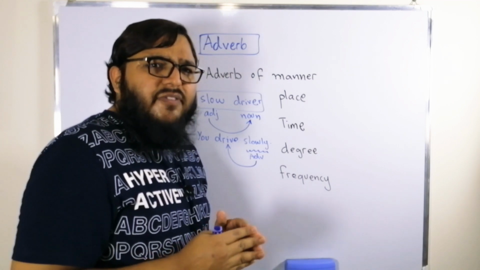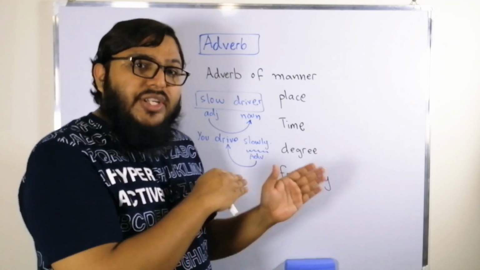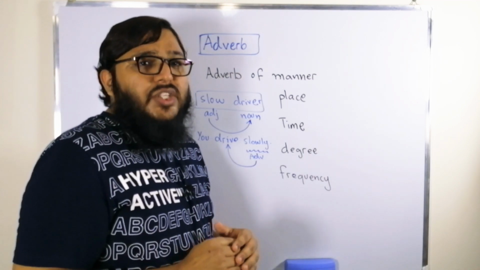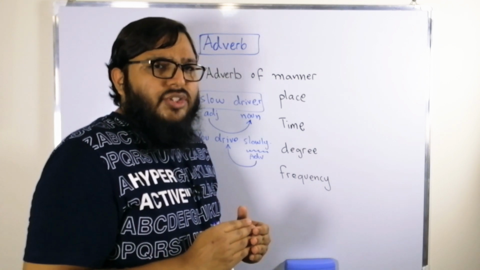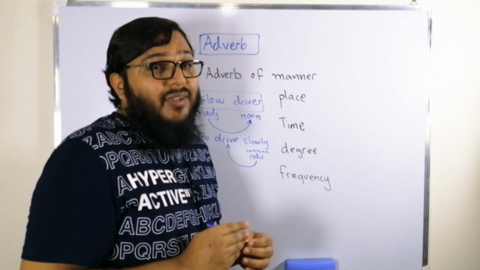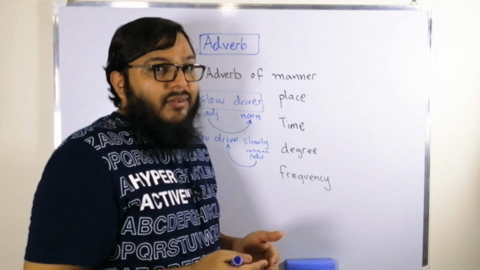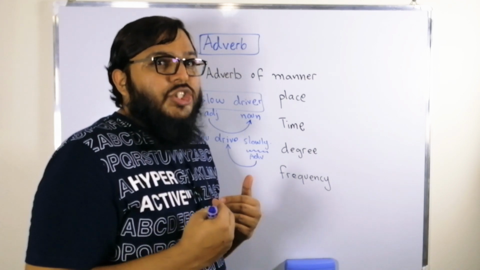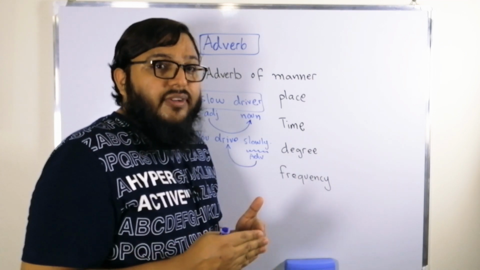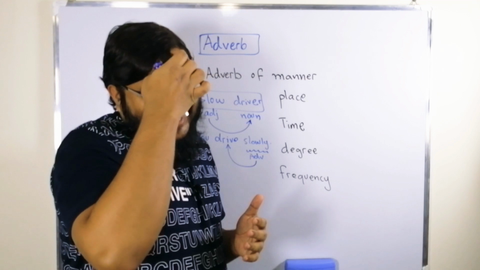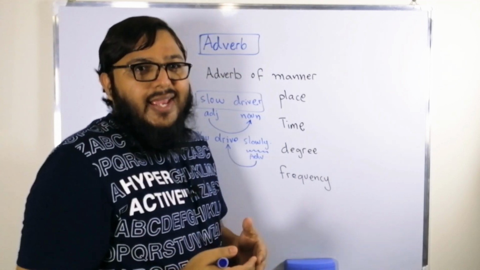But some adverbs of manner are also without ly at the end. They are irregular adverbs. There are no rules applied on those adverbs, like fast, well. I speak English very well. So well is also an adverb here, but it doesn't have any ly at the end.